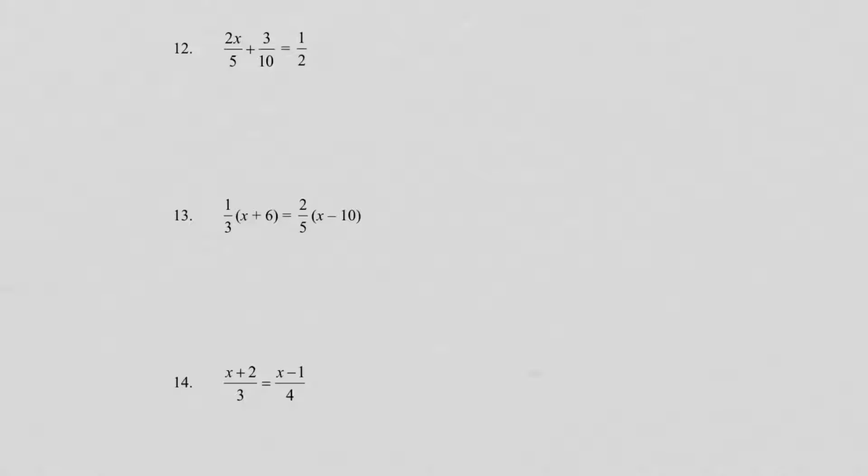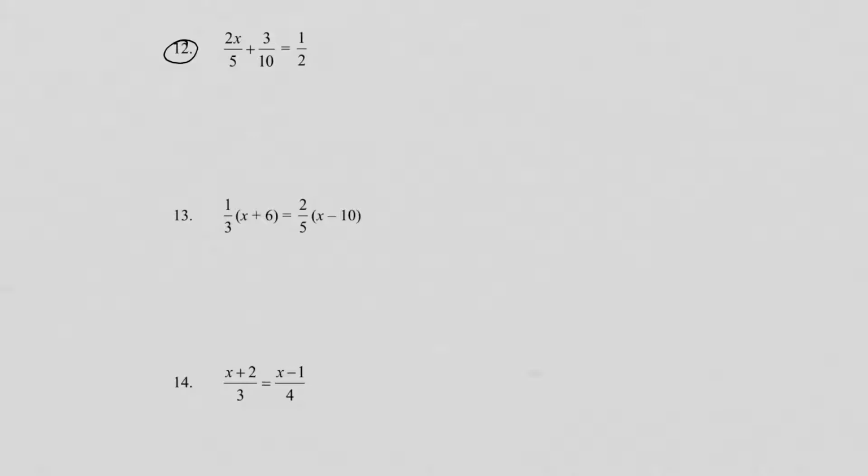Okay, guys, we have reached number 12. And in number 12, we see some fractions. Now, some people look at fractions and they kind of freak out and say, I don't know what to do with this. Well, some may attempt to do common denominators, which is fine. But that way is actually dealing with the fractions, and I prefer not to deal with the fractions.